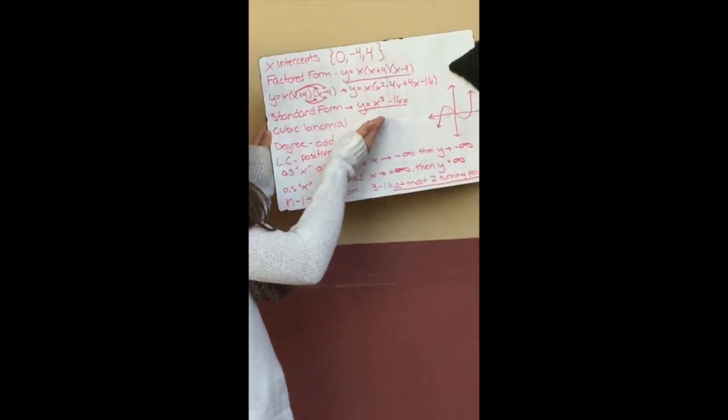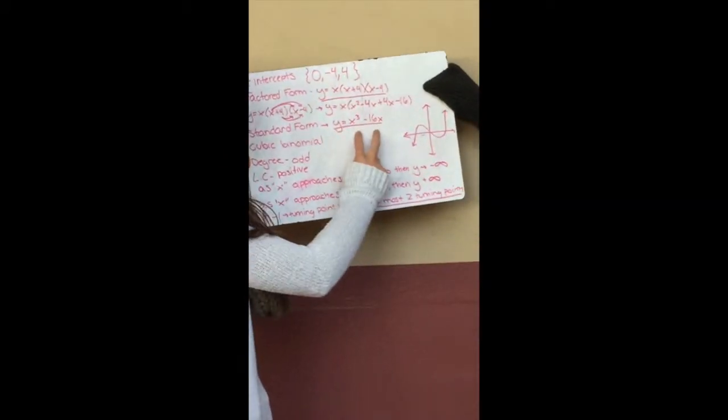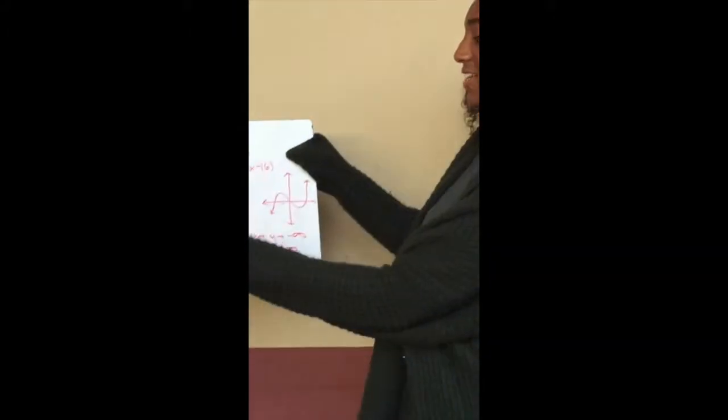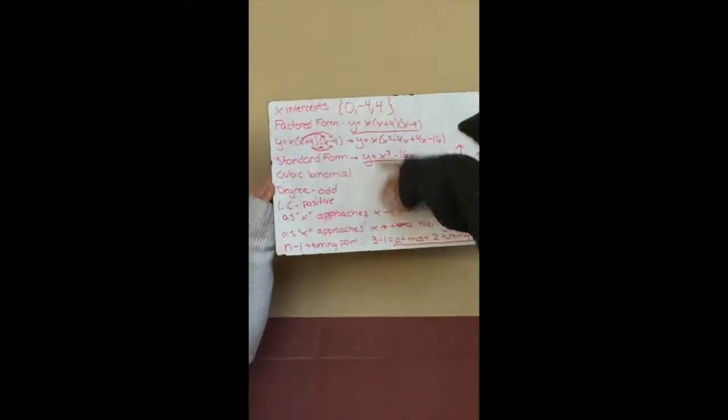And then we also know that this is a cubic binomial because the highest power is a 3. So that gives you cubic. And then there's 2 terms in here, so it's binomial. And so basically the degree, which is the highest exponent, is odd because we all know that 3 is odd.